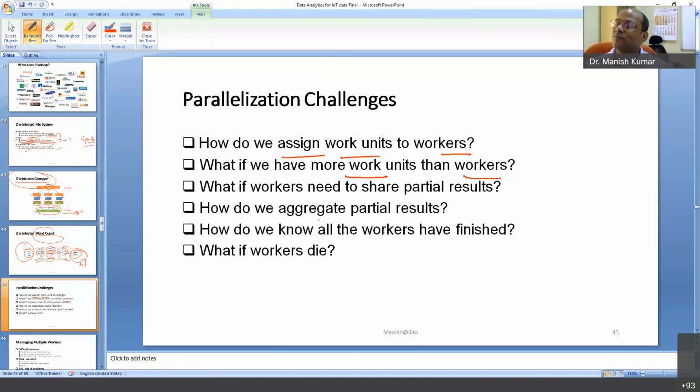Obviously, the coordinator has the responsibility to divide the work, but suppose you require more workers, then what will happen? What if workers need to share their partial results? How could this aggregation of partial results take place? How do we know whether our workers have finished or not? And what if some worker dies? So obviously these challenges will always be there.